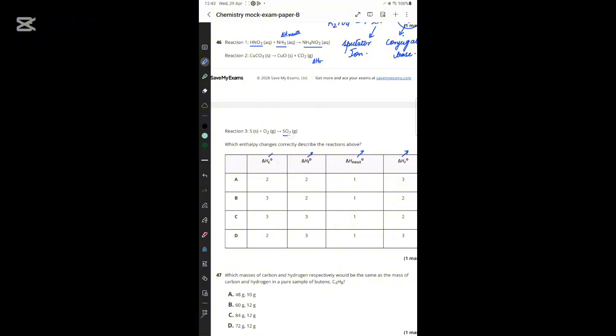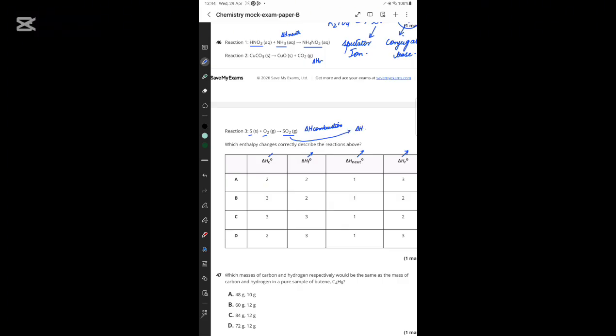Then you can see this is forming SO2, when sulfur reacts with oxygen and forms SO2, meaning sulfur is burning in the presence of oxygen, so that is going to be enthalpy of combustion. And all of the reactions are enthalpy of reactions as well, and this one is also enthalpy of formation.